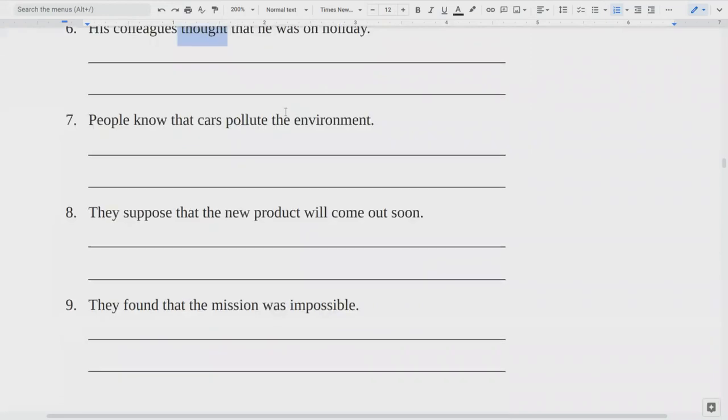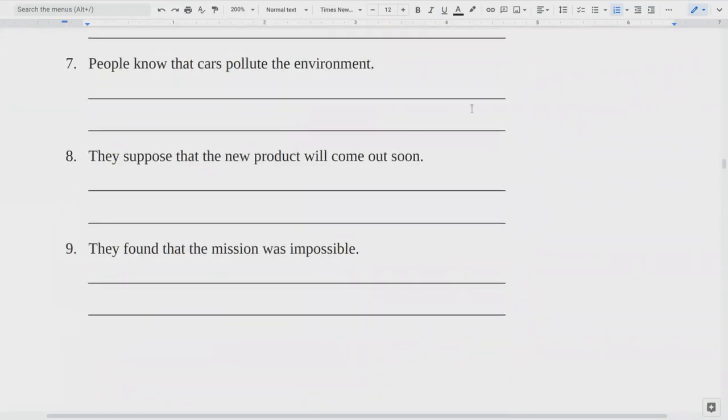So number 7. It is known that cars pollute the environment. The cars are known to pollute the environment.